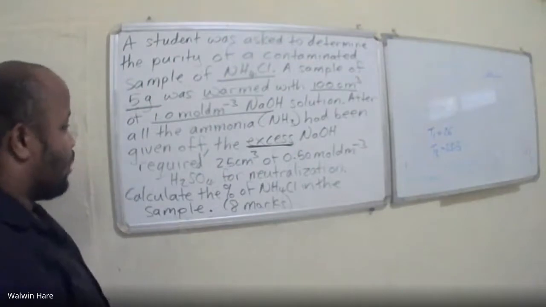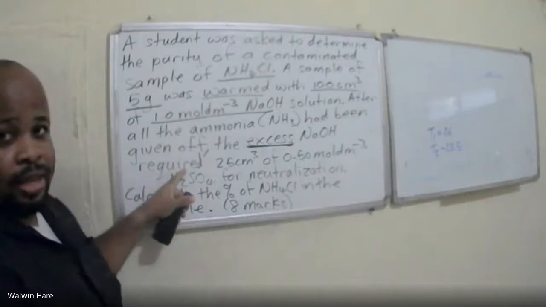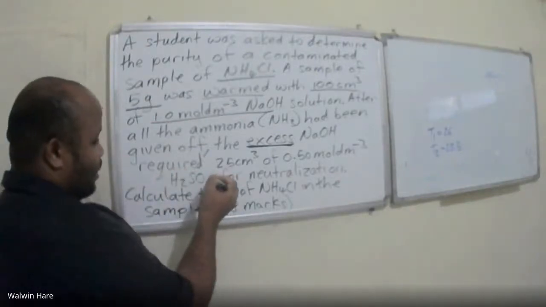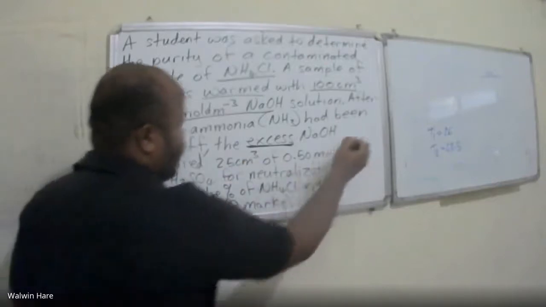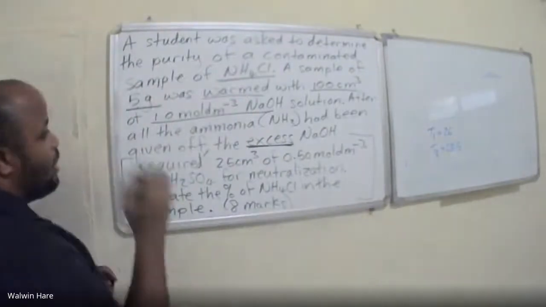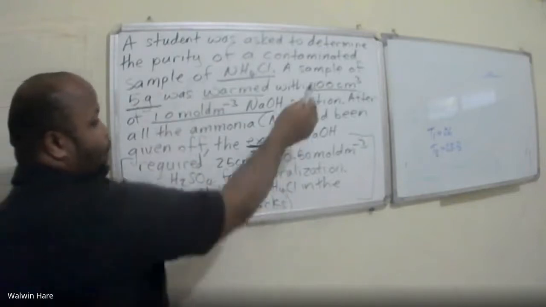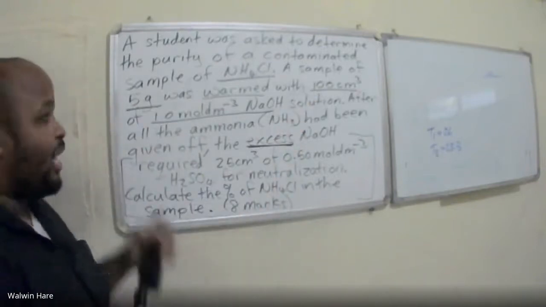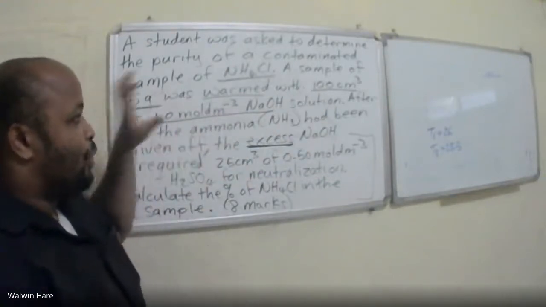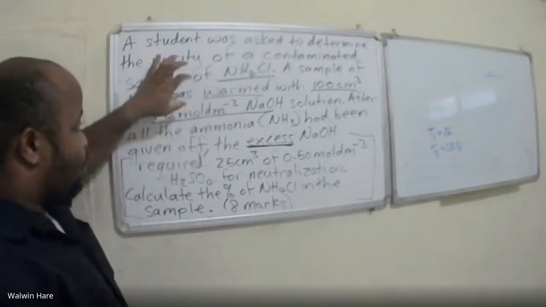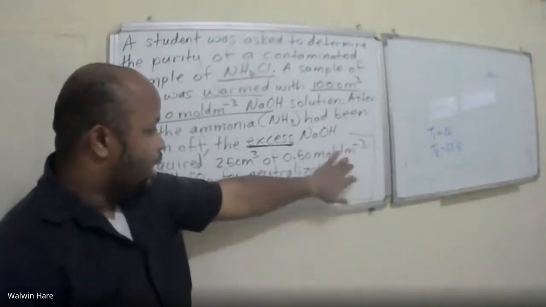Now, after the reaction was completed, the unreacted sodium hydroxide was neutralized. So when they say required, this part of it is the titration. All right. So the first part was the reaction between the 5 grams of ammonium chloride and the 100 cm³ of sodium hydroxide. So the 100 cm³ was the excess sodium hydroxide, right? Now, after that reaction, whatever was unreacted was used in the titration.